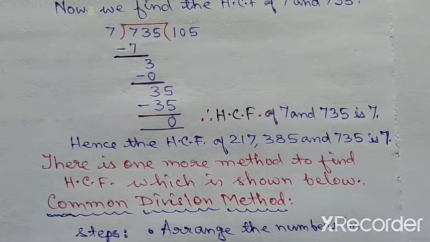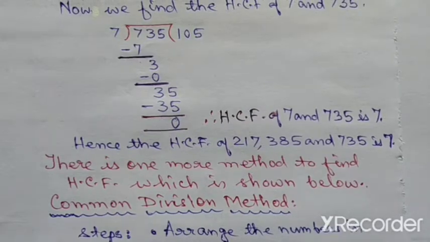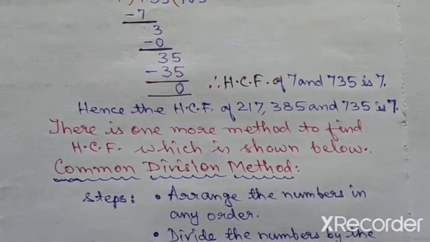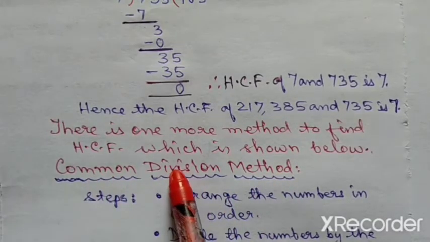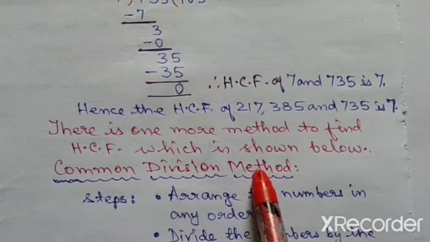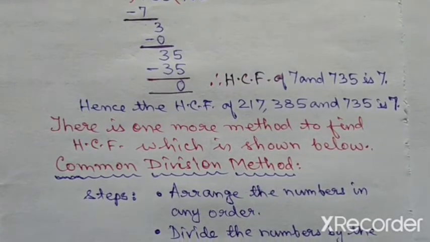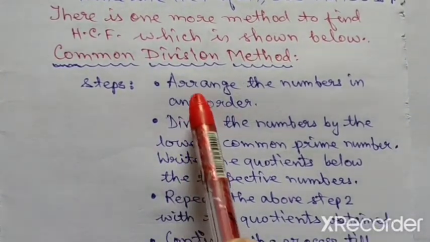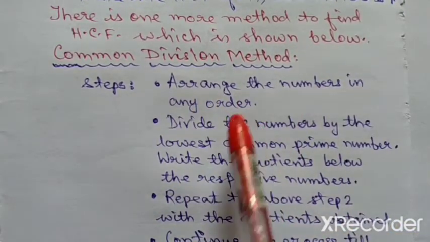Okay. Now children, there is one more method which I want to share with you, that is called the common division method. Let us see the steps to be followed in this method. First, arrange the numbers in any order.